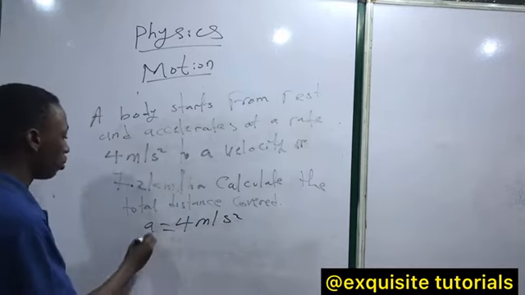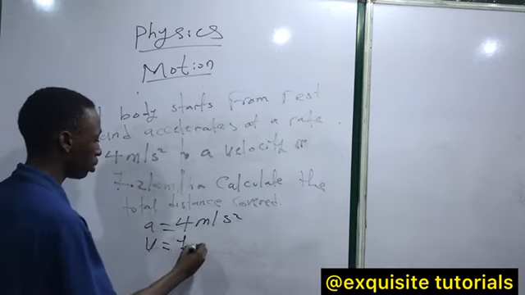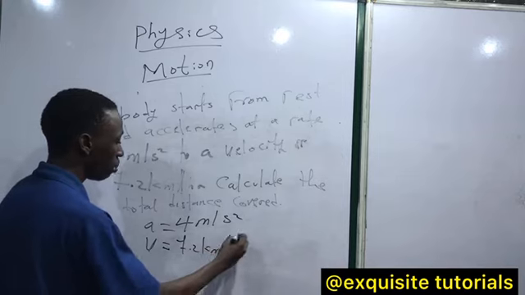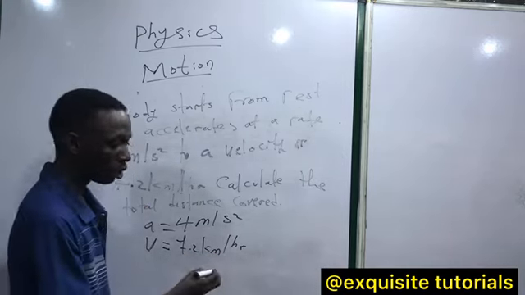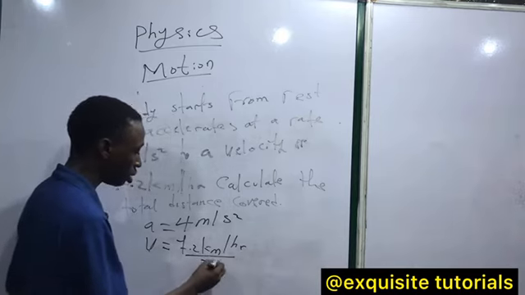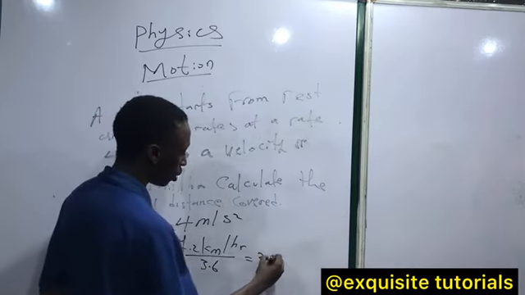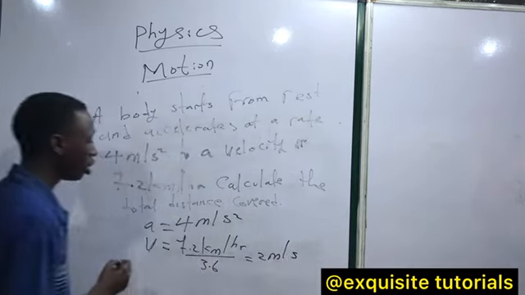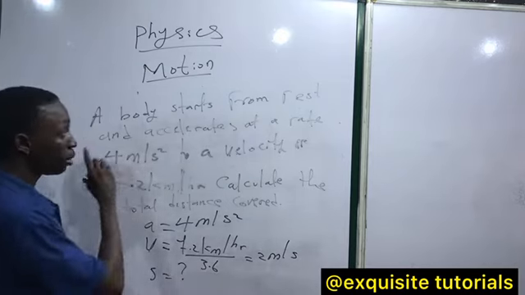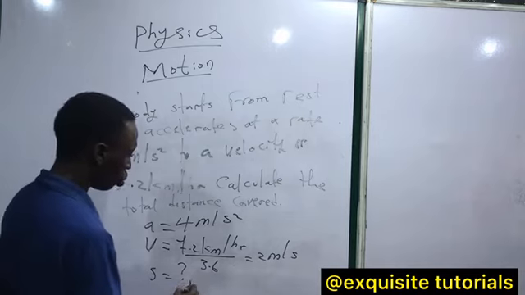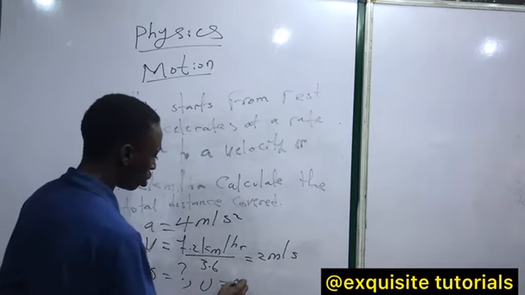The velocity is equals to 7.2 km per hour. So what we're supposed to do is convert this to meter per second. So divide this by 3.6, which will give us 2 meter per second. Now they say we should calculate the total distance covered. Now remember the body starts from rest. So u is equals to 0 meter per second.